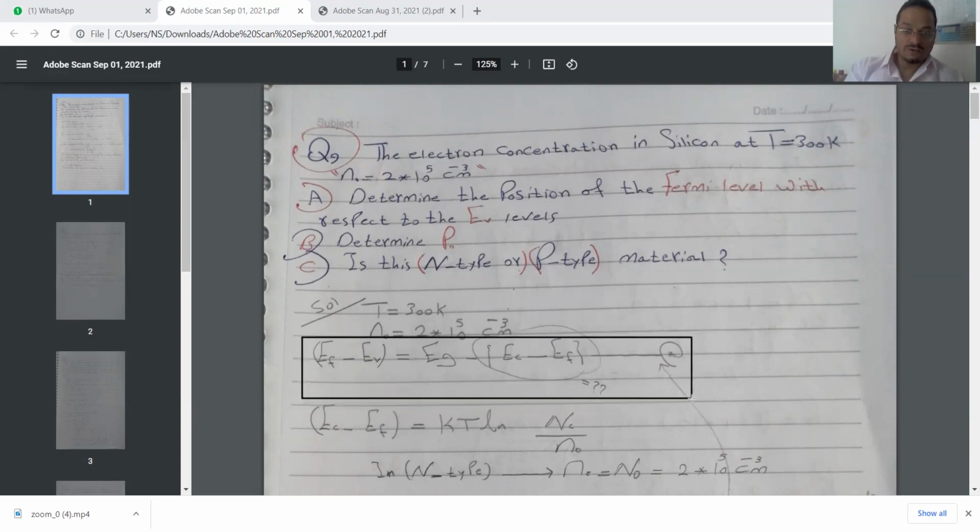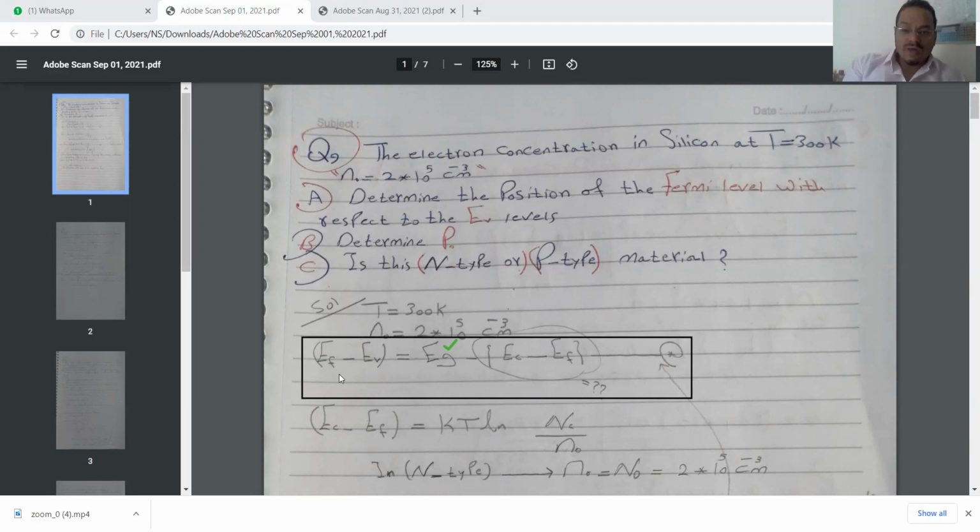Here, we know the value of EG for silicon at room temperature. After that, we must find EC minus EF to calculate the final result of EF minus EV.